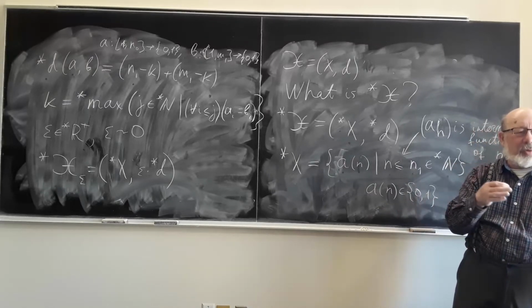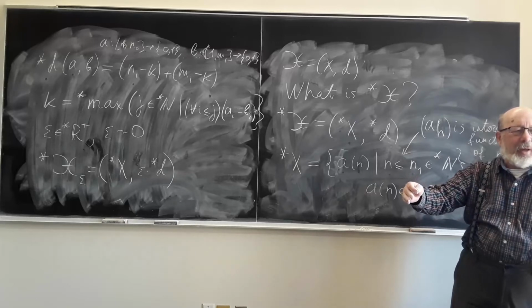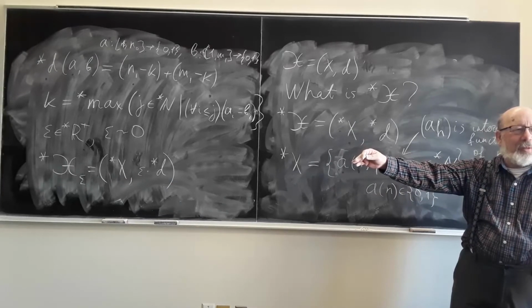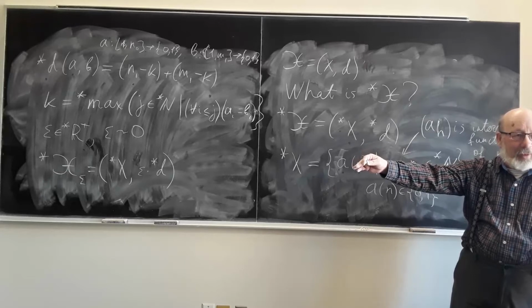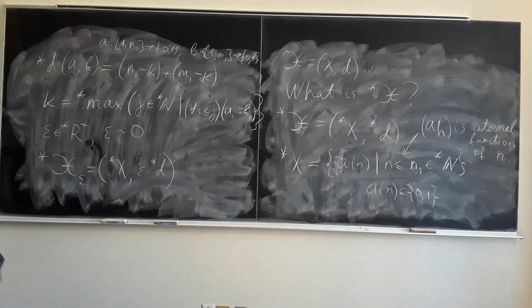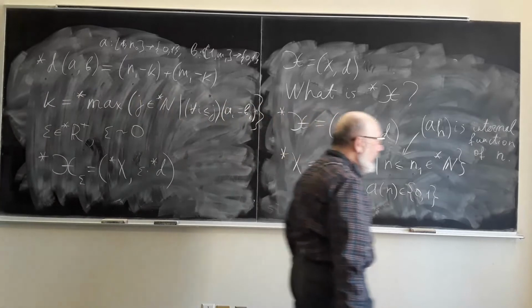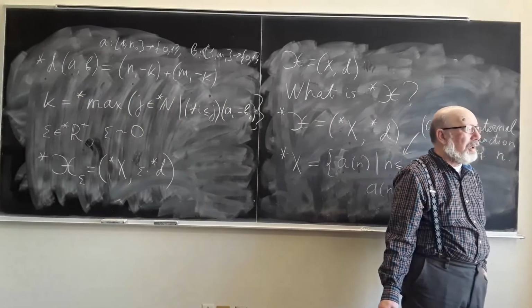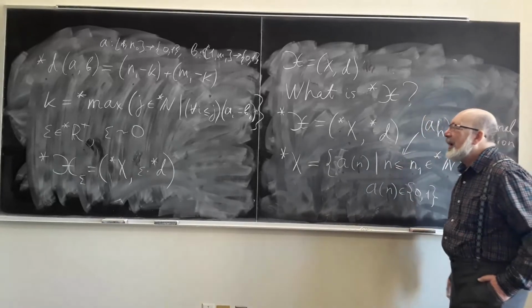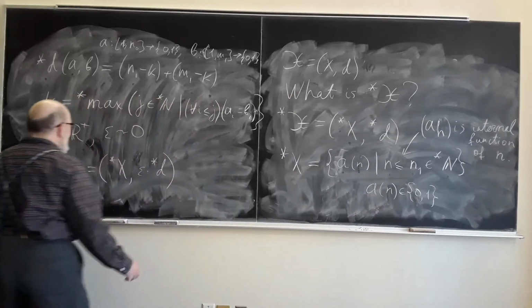For example, a function which is 0 for all finite n and 1 for all infinite n. This sequence is external. So we have to distinguish internal and external, and the transfer principle applies only to internal functions. Okay. So we consider this space.